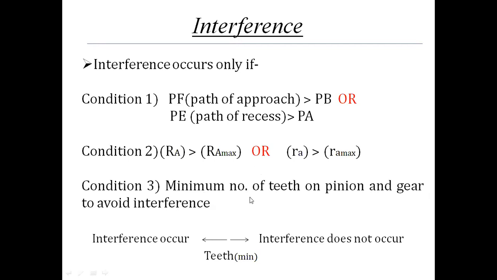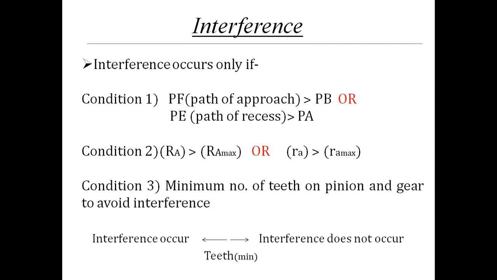See, from this formula on minimum number of teeth, we are finding the value of teeth on pinion or gear, and the value of teeth by the gear ratio formula.